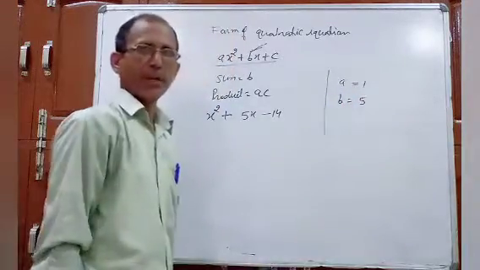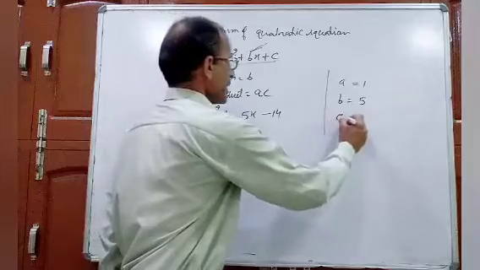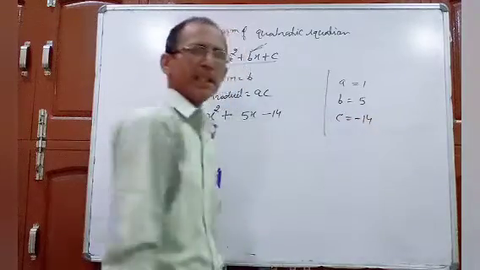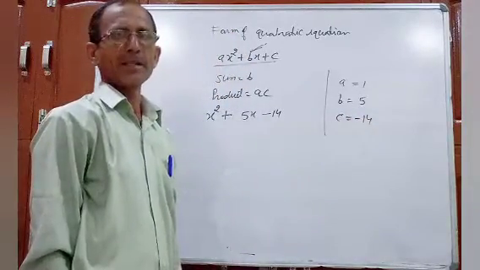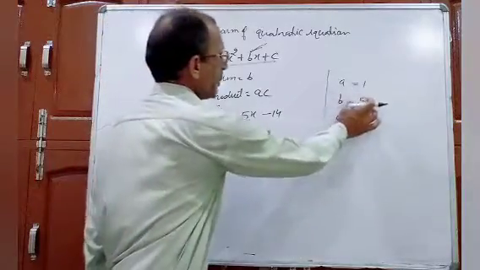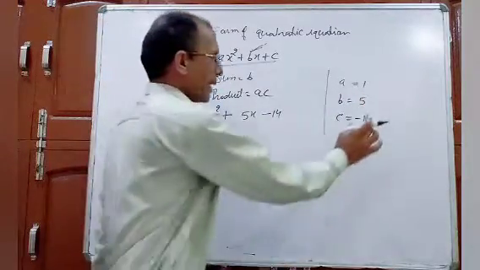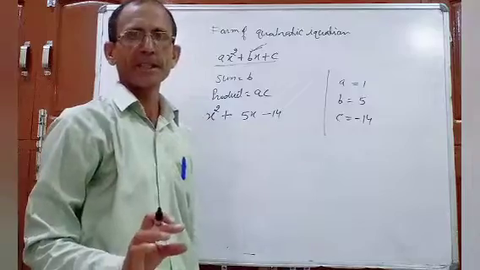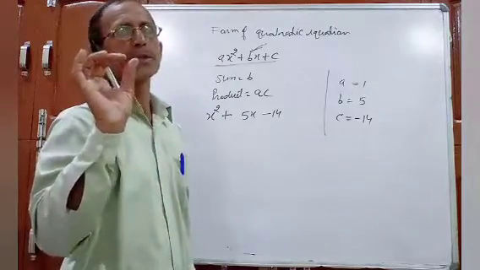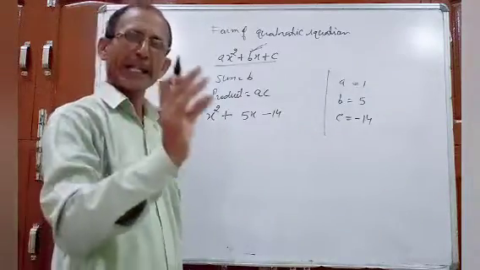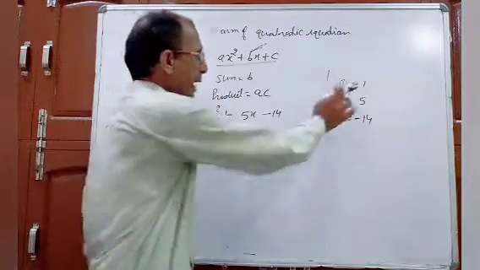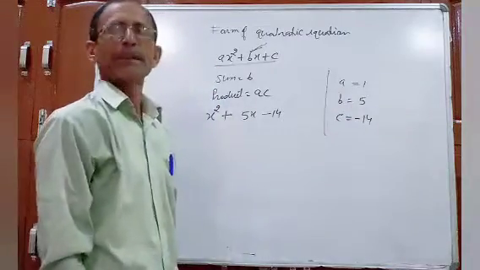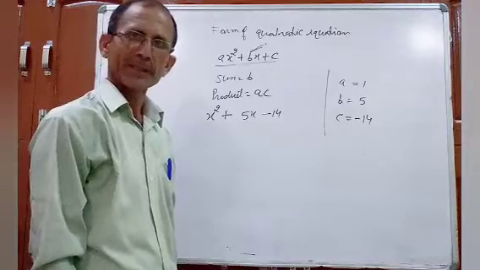B is 5 and C is equal to minus 14. The sum should be equal to 5 and the product should be equal to minus 14. So we have to select two numbers: if we add them, their sum should be 5, and if we multiply them, their product will be minus 14.